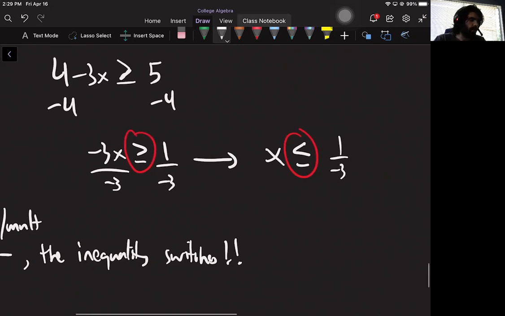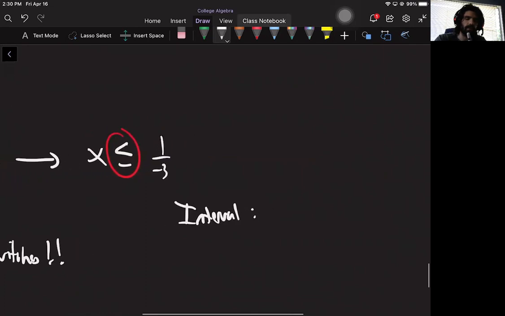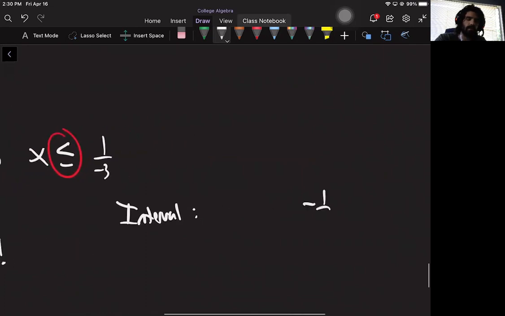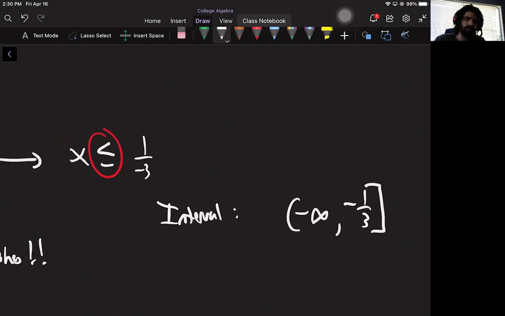And now we write our answer in interval notation. So this is saying that the biggest number I want is -1/3, and I want to include it because of the equals, and then I want to go to the left towards -infinity forever. So that's why it's that.